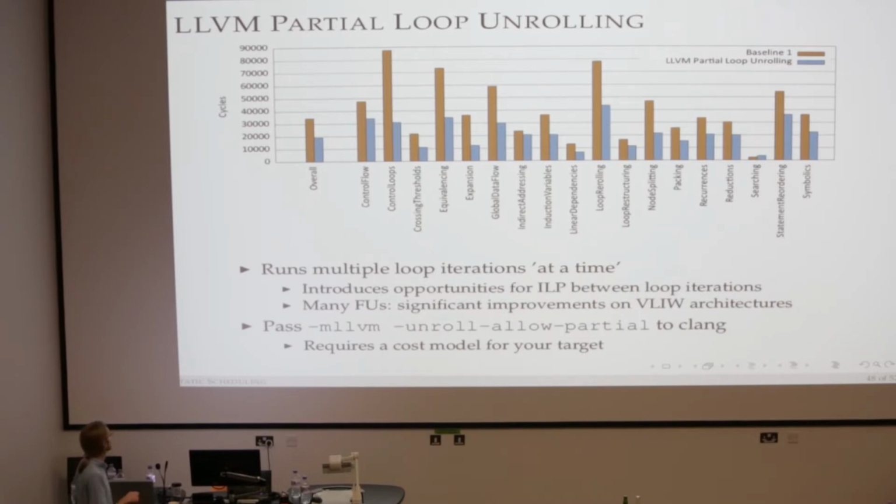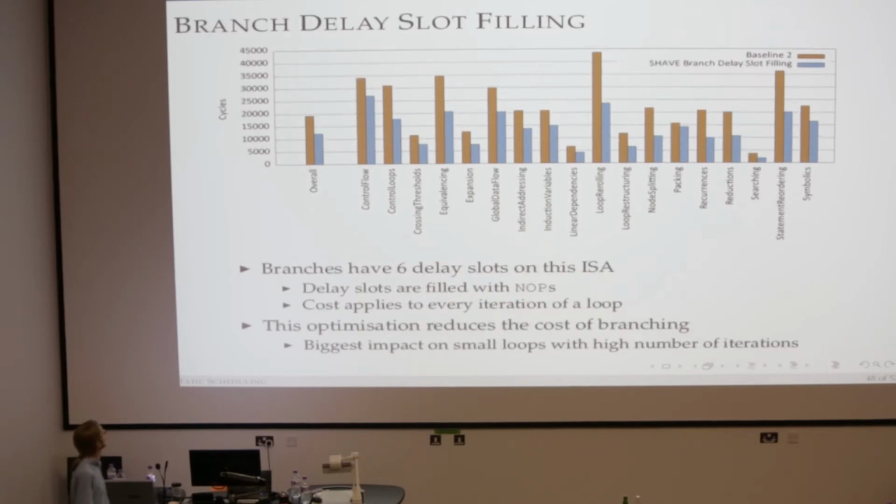You can see this gives us quite an important speedup, from I think 33,000 cycles to just under 20,000. And as I've said, it's already in LLVM, so you just pass the options and you get a lot of benefits for pretty much no work.